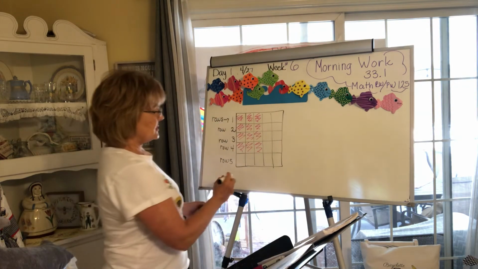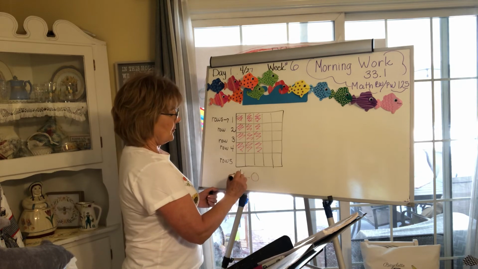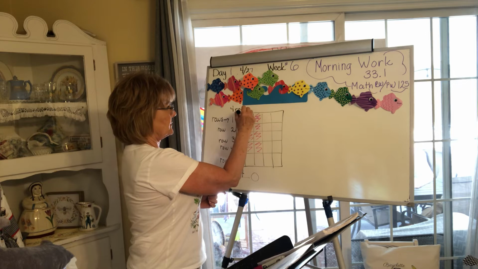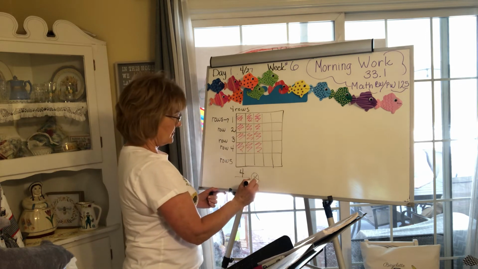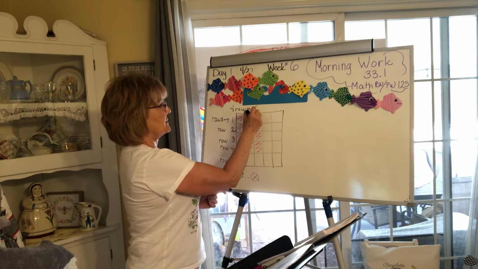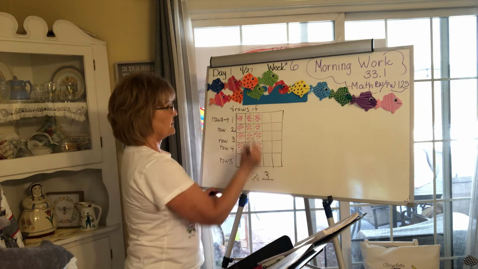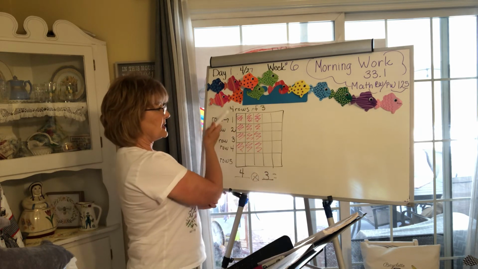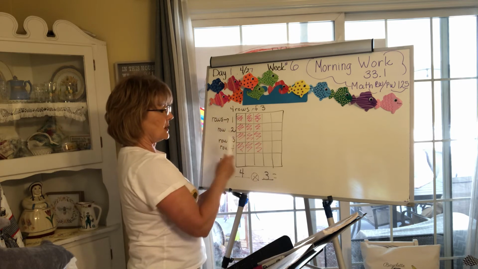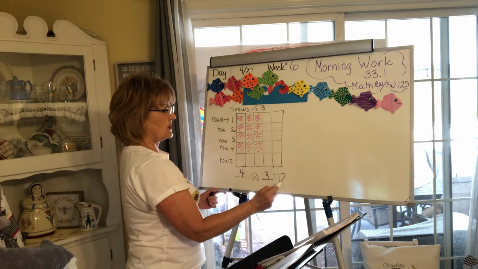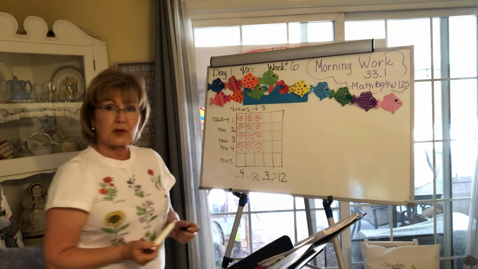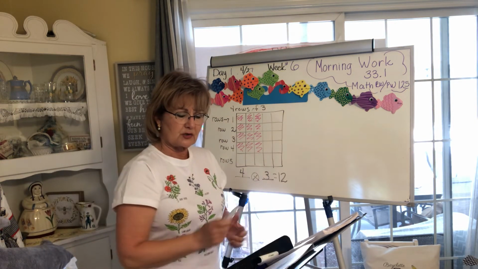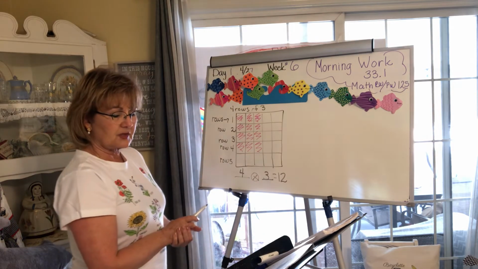So the multiplication sentence would be what? 4, because you have 4 rows of 3. Okay, equals, you can count by 3s. 3, 6, 9, 12. 12, right?